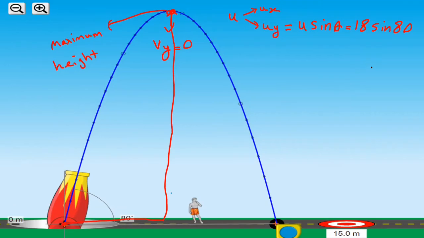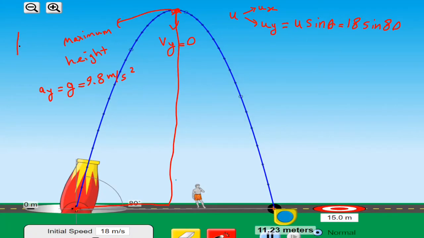What's this S? So as you see, I have my Vy that's equal to 0. I have Uy. And also we know in projectile motion, ay is equal to g, equal to 9.8 meters per second squared. I want to say upward direction is positive.